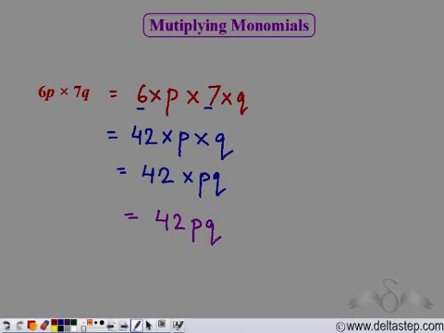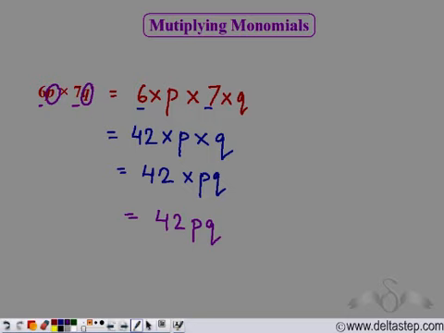So we see that when we have to multiply two monomials, we can first multiply the numeric parts together. That is the numeric part of this monomial and the numeric part of this monomial, which is 6 into 7, 42. Then we can multiply the algebraic parts together. That is the algebraic part of this monomial p and the algebraic part of this monomial q, which is pq. So it gives us 42pq.